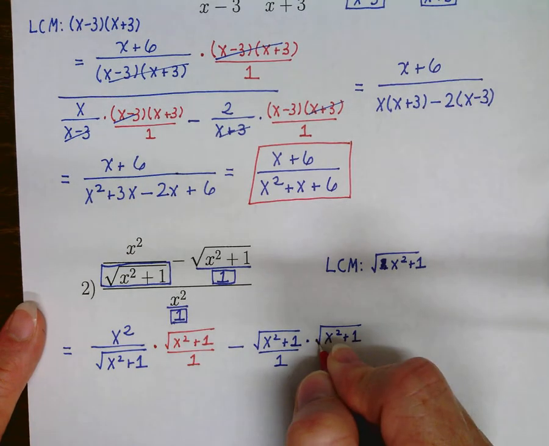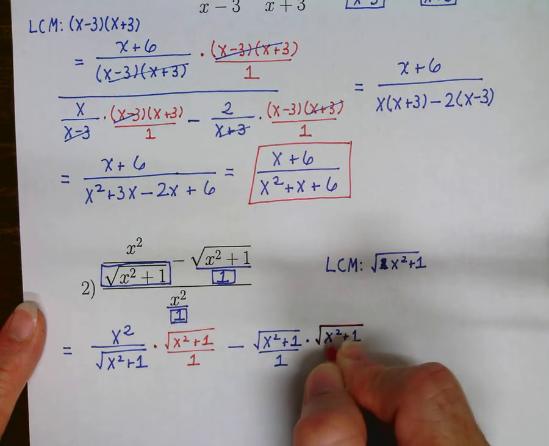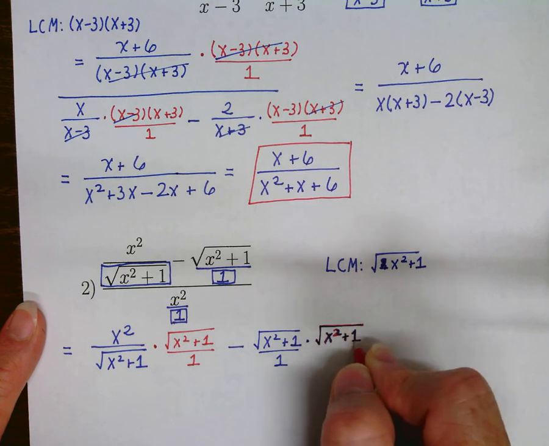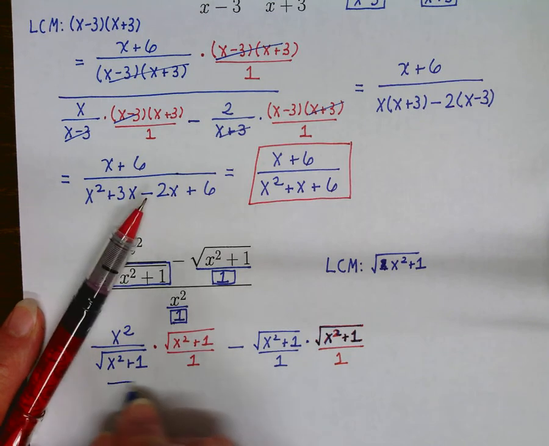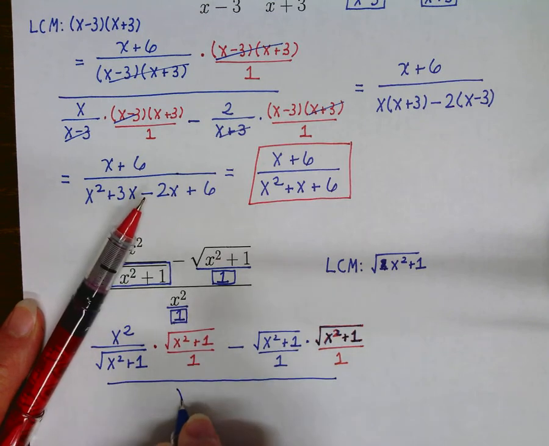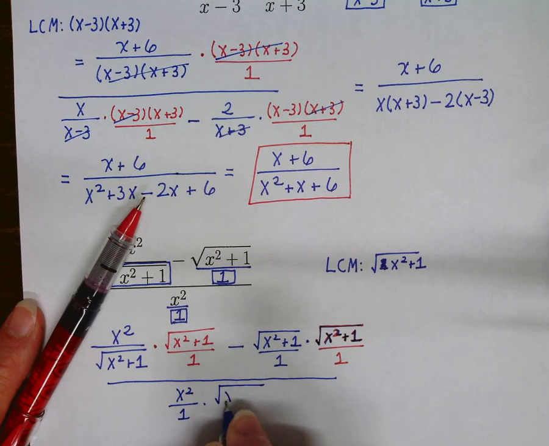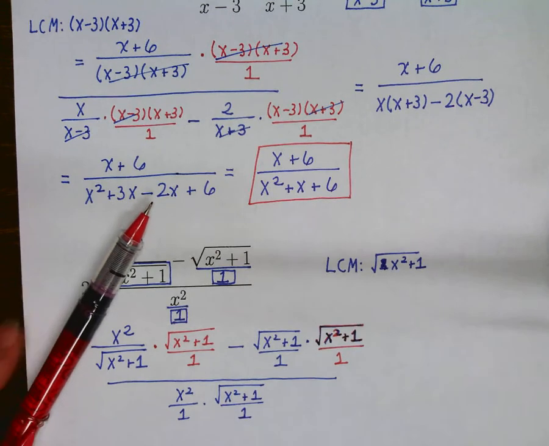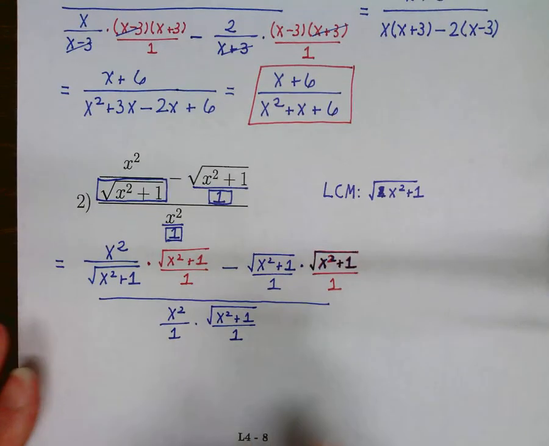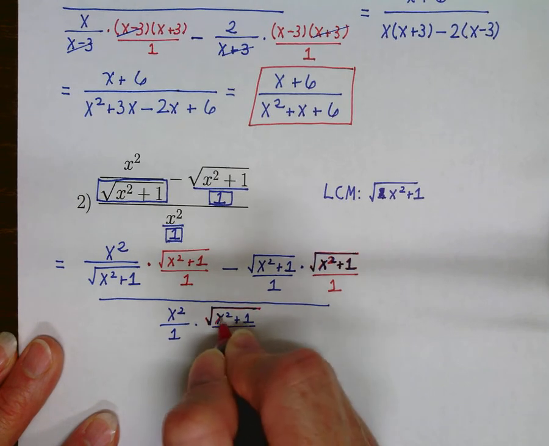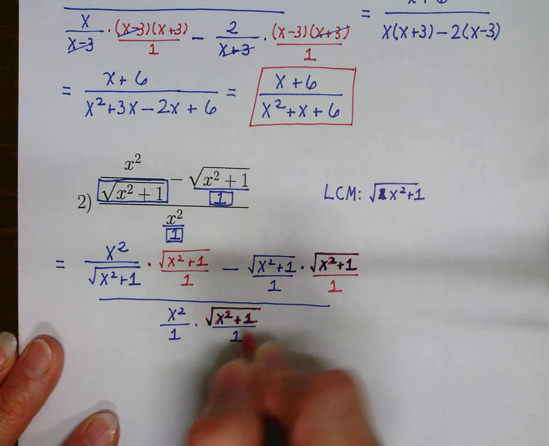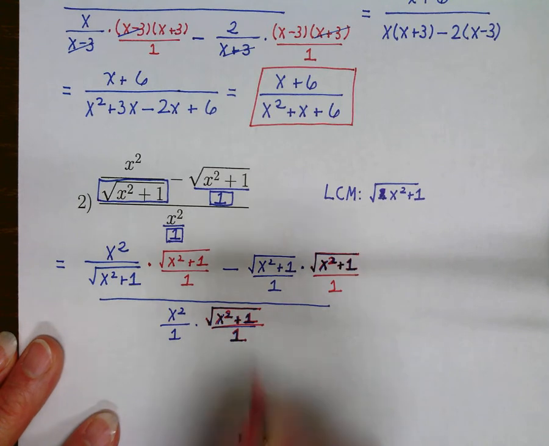This is what I'm multiplying by. And in the denominator, I have my x squared over 1 times the square root of x squared plus 1. Again, think of it as being over 1 only if it makes it easier for you to see.